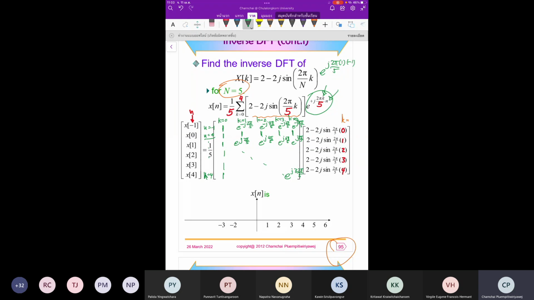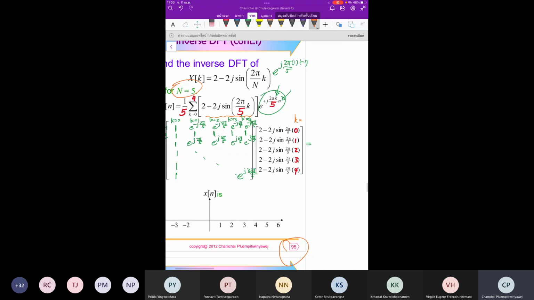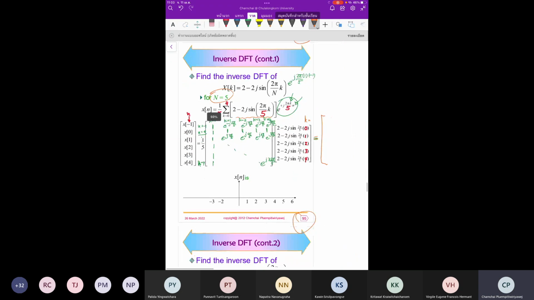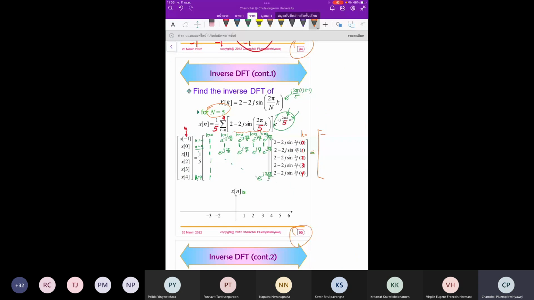We're going to end up with what? X of -1 would be -1, x0 still a 2, and x1 is a 1. And x2, 3, 4.